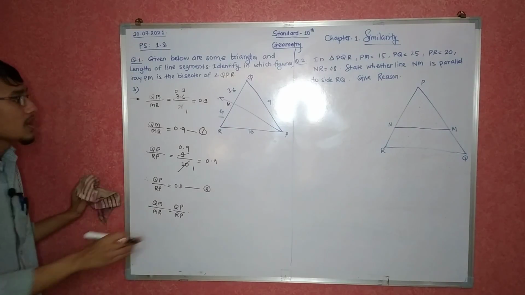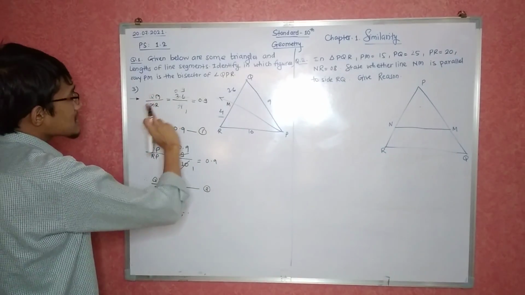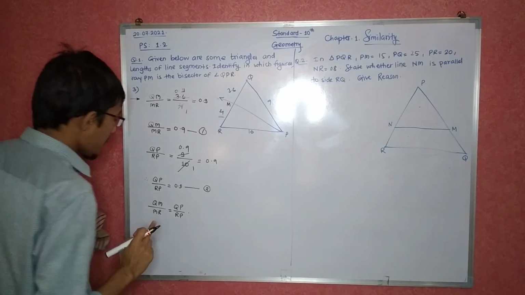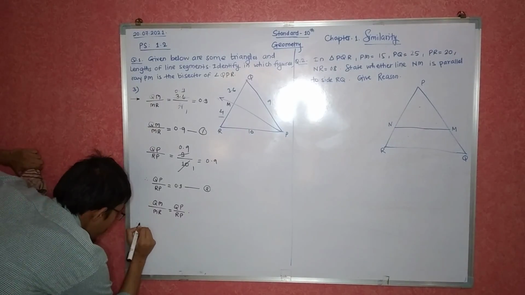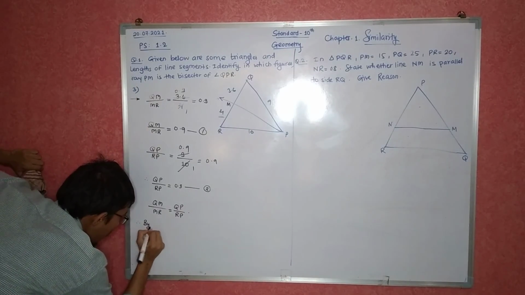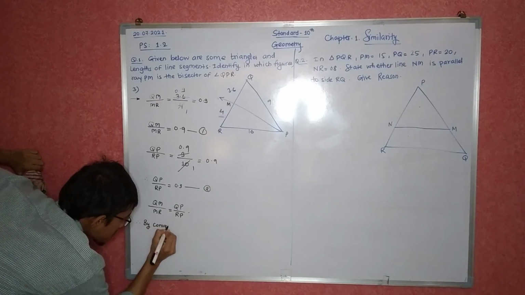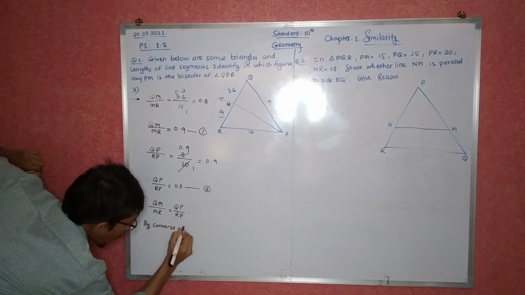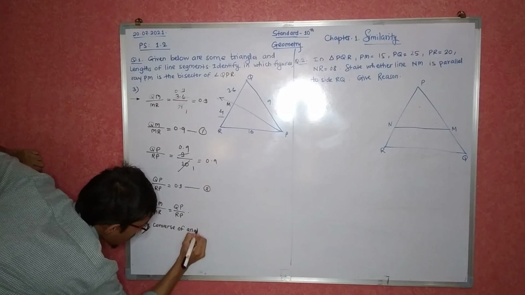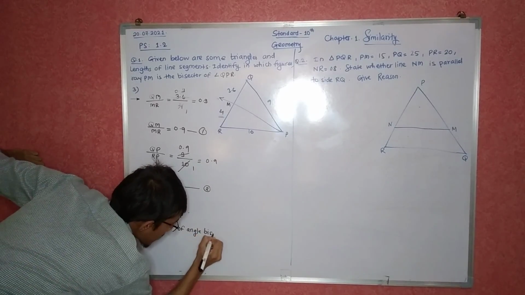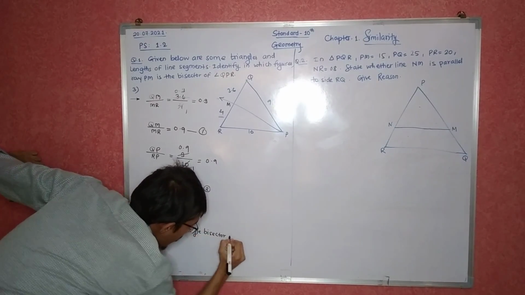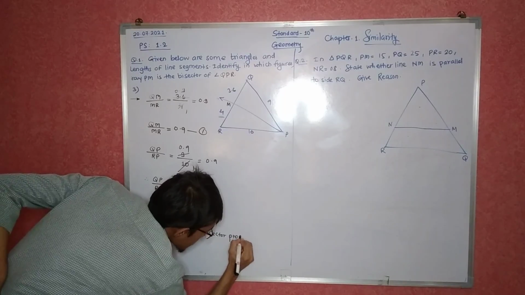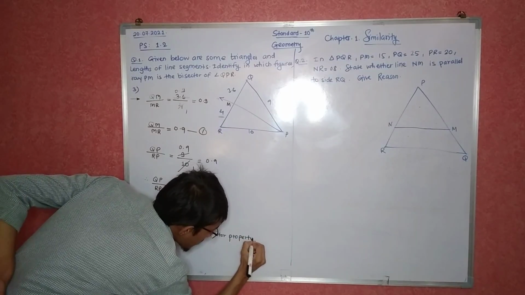That means that the ray PM has bisected the angle. So we can write by converse of angle bisector property. Converse why we are taking here.